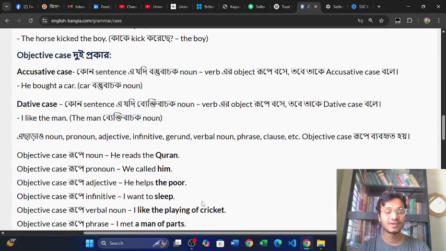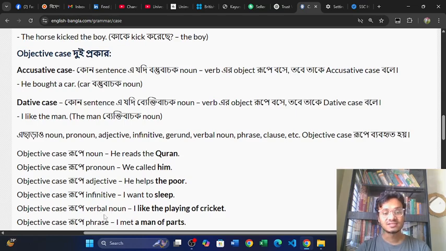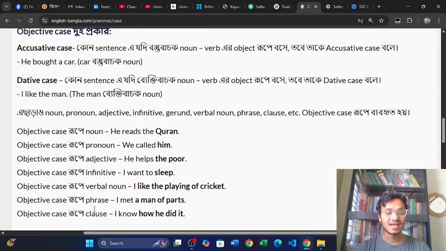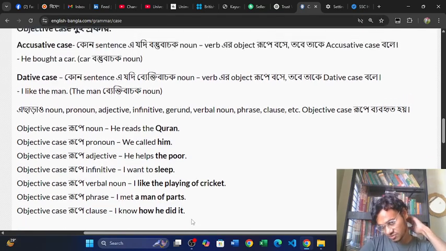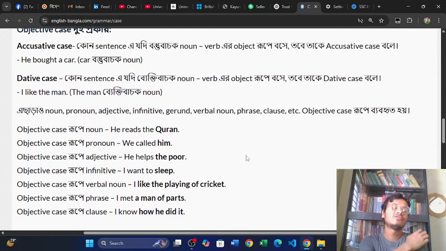What is infinitive? To plus verb. As verbal noun: I like the playing of cricket. As phrase: I meet a man of purse. As clause: I know how he did it. So these are all objective case, and I hope you can understand.